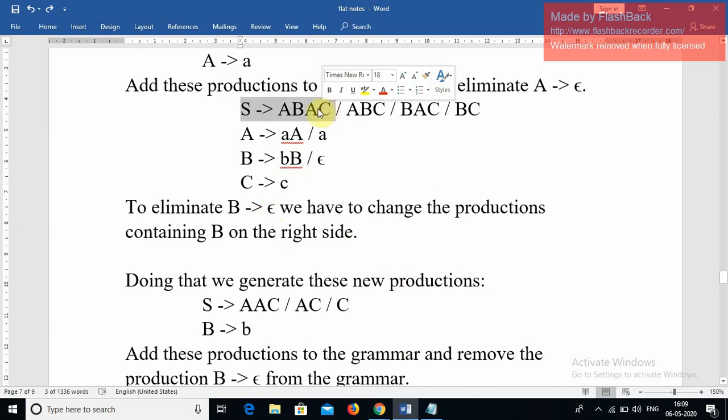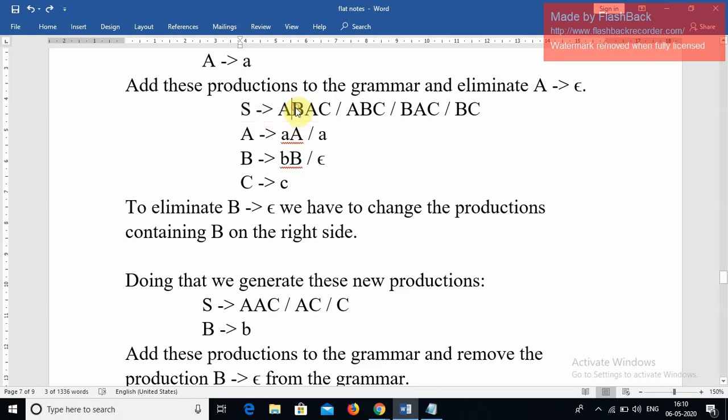So if you replace, okay, you can replace here entire. So after removing A to epsilon, we have this grammar. So from this we have to remove, right? Wherever we have a B, we have to replace B with epsilon.